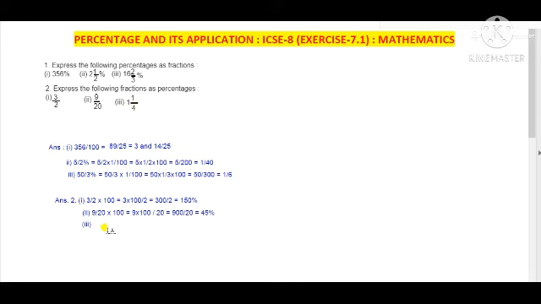This means 5 by 4. 5 by 4 into 100 is equal to 5 into 100 divided by 4. That means 500 divided by 4. This means 125%.